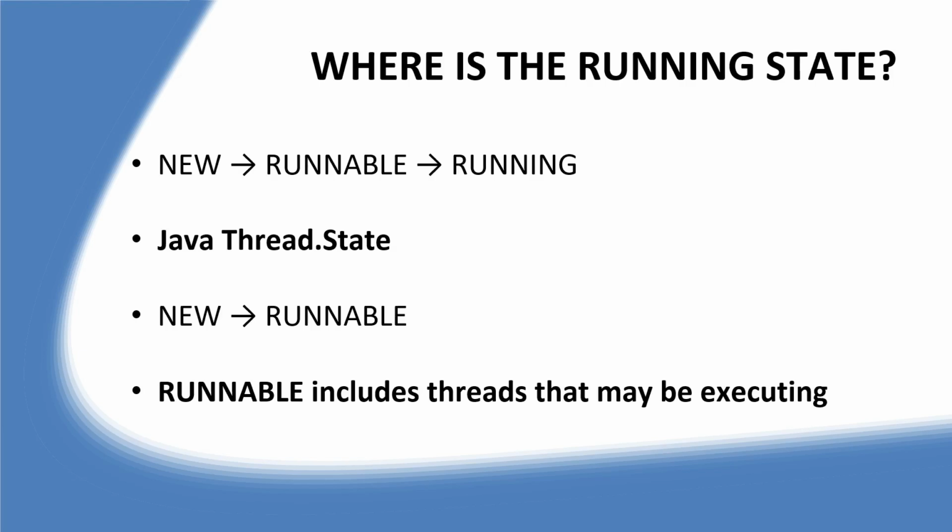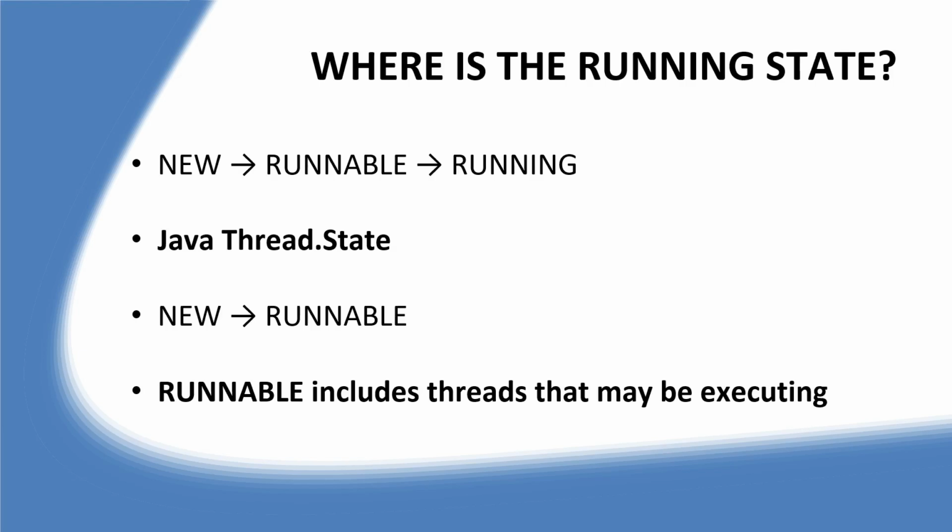But when we are talking specifically about Java's Thread.State enum, both are represented under runnable. So if someone asks you to list the official Java thread states, do not add running as the 7th state. Java officially defines 6 states.